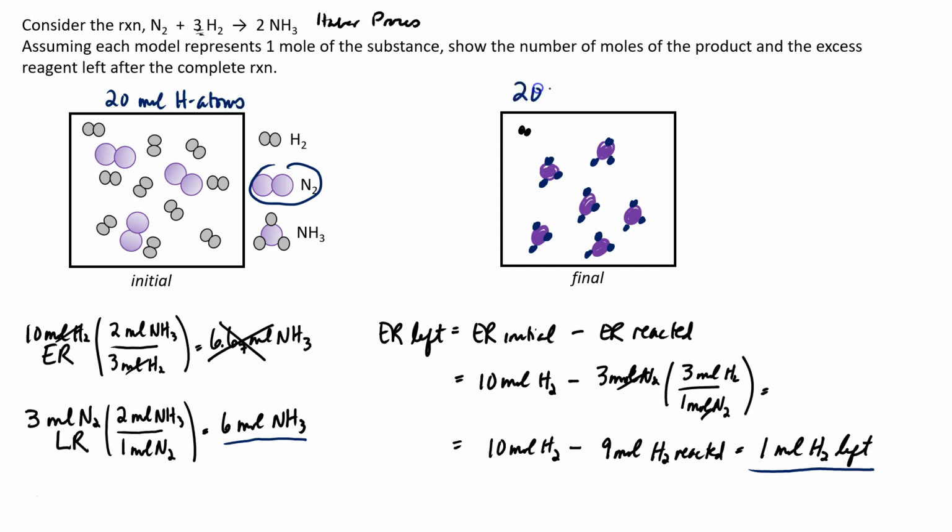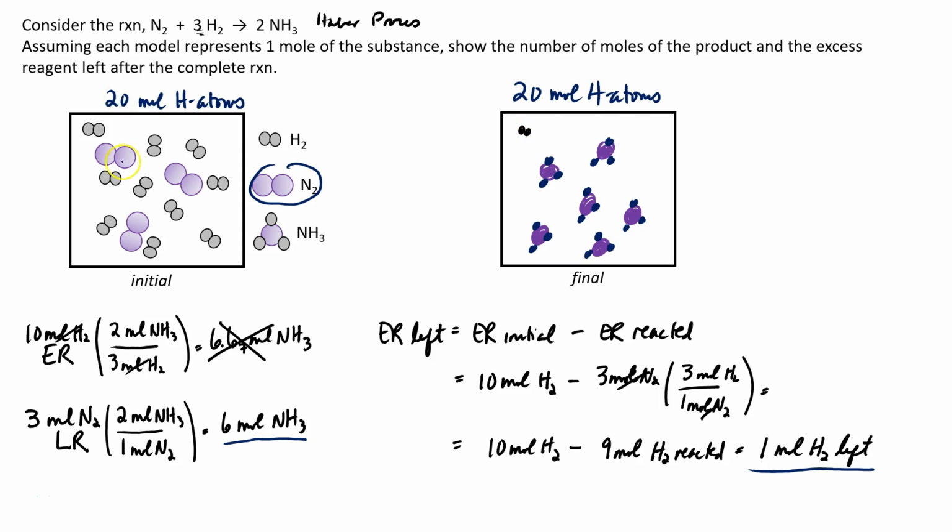Do you have 20 moles of H atoms on the right? And I think we do. We have 18 from the ammonia, right? 1, 2, 3, 4, 5, 6, 7, 8, 9, 10, 11, 12, 13, 14, 15, 16, 17, 18, 19, 20. That agrees with what you had on the left.